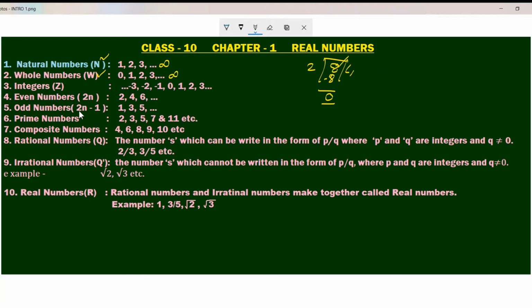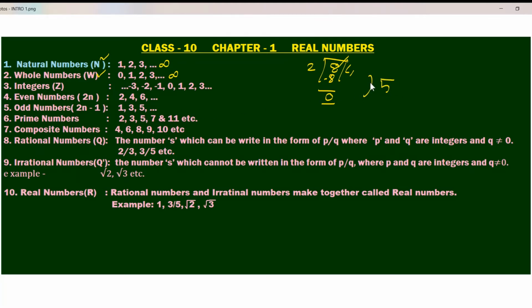Next one is odd number. Odd numbers we can write like this, 2n minus 1. We can define the odd number if a given number is not exactly divided by 2. If it leaves remainder 1, then we can say it is an odd number. You can see I have taken 5 here.